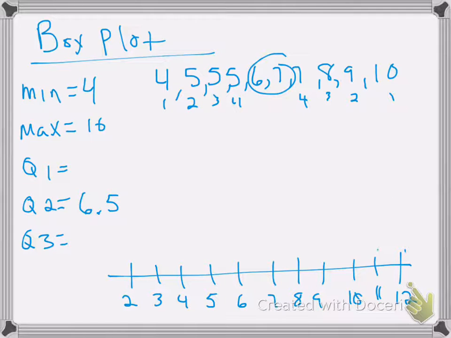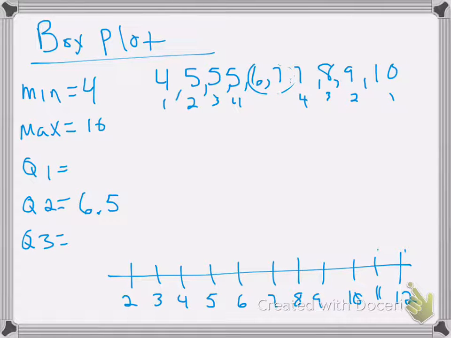Now, we also have to find our upper and lower quartiles. Now, this is where you need to remember that you do not include your median. Well, my median, or Q2, was 6.5. You do not include your median. And your median was 6.5. So I look at my numbers here, and I don't see 6.5 in my numbers.